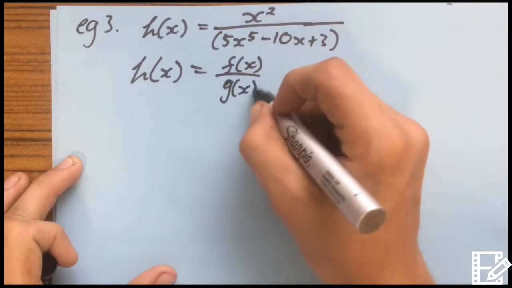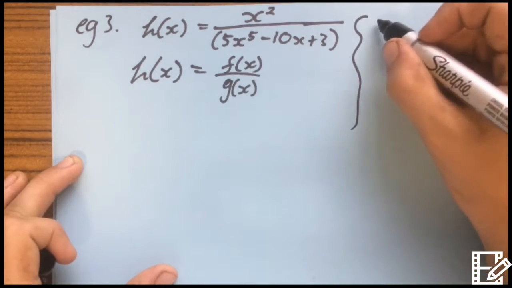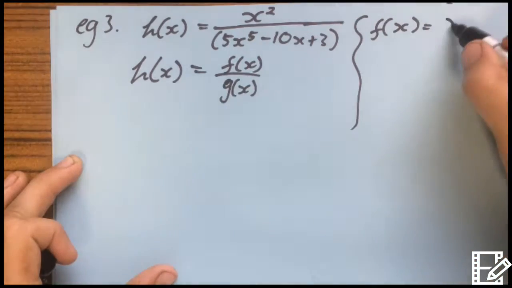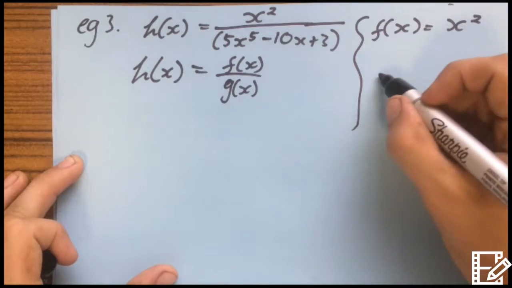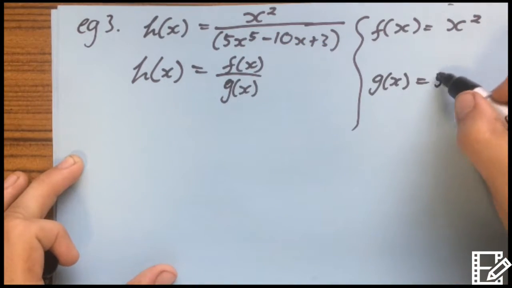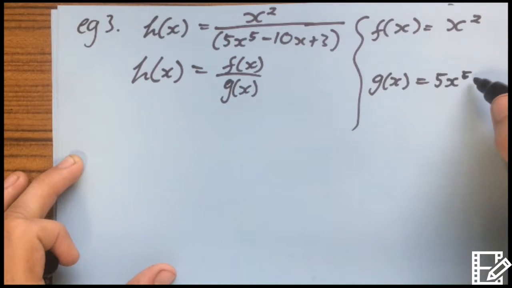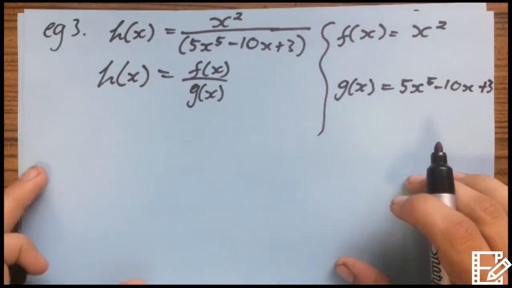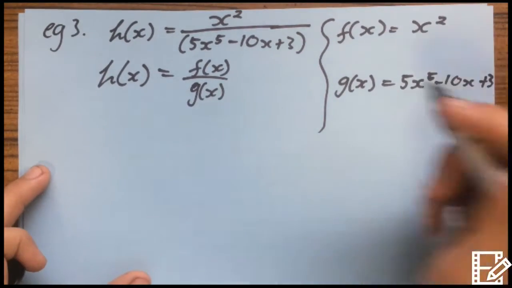Function over another function. f(x) equals, make it equal to x squared, and g(x) will make it equal to 5x to the power of 5, take 10x plus 3. If you can fit that in. Yes. Okay.